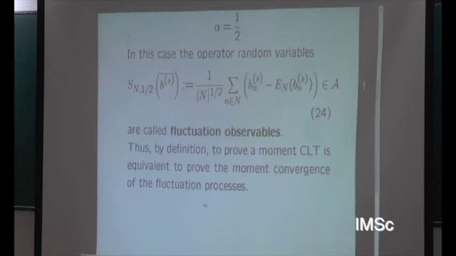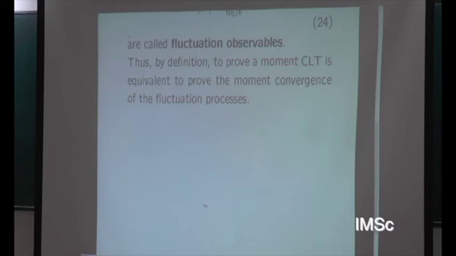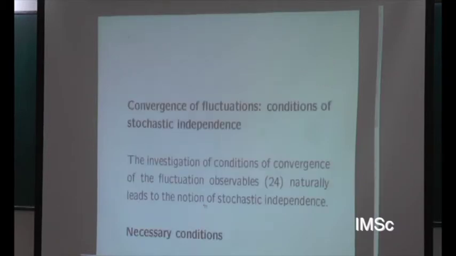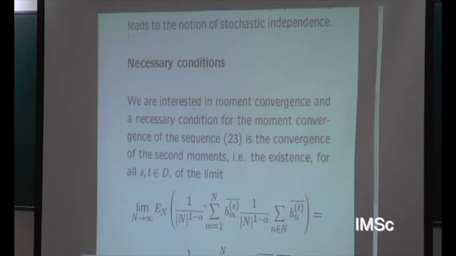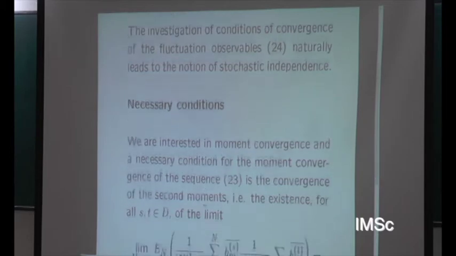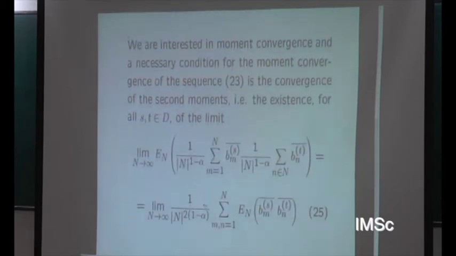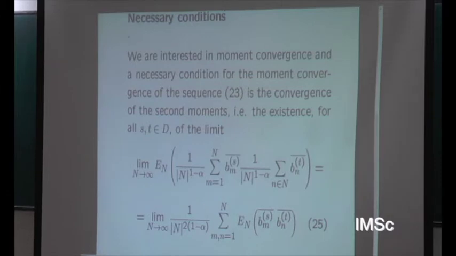Let us see why in the general case. We will see now, I want to introduce the notion of stochastic independence. Before that, I am looking for a necessary condition for the existence of this limit.